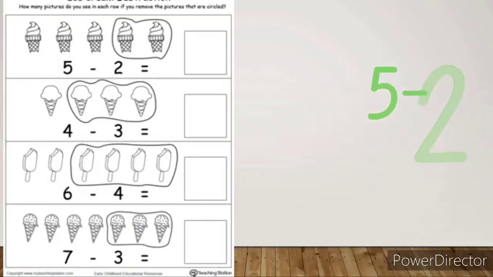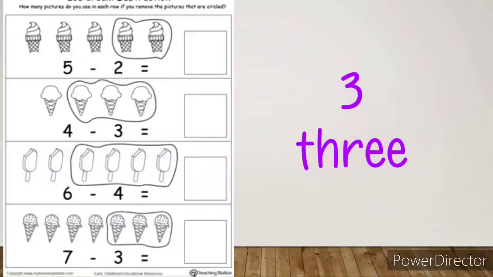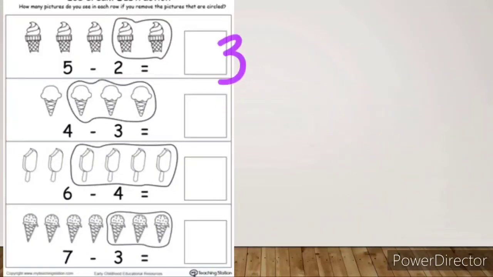So they had 5, and you know what he did? He circled the 2 that he's going to take away. So now he knows how many he has left. How many ice cream cones did he leave outside of the circle? How many are left? Awesome, 3. I want you to screen write the number 3 into that little square box. You write it on your screen.